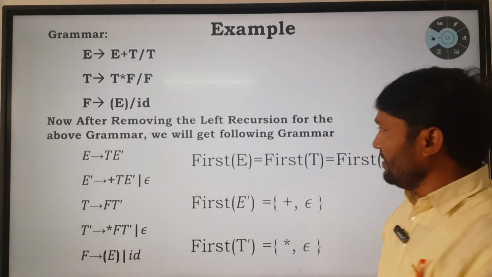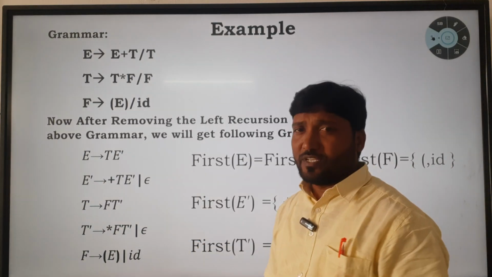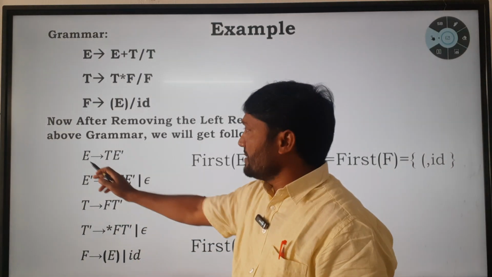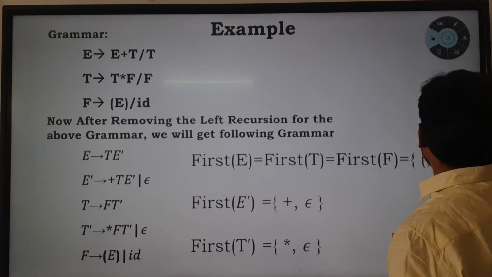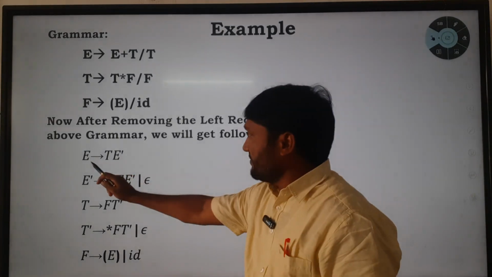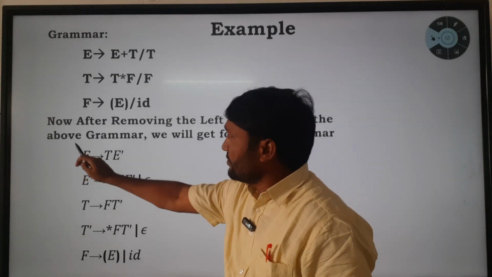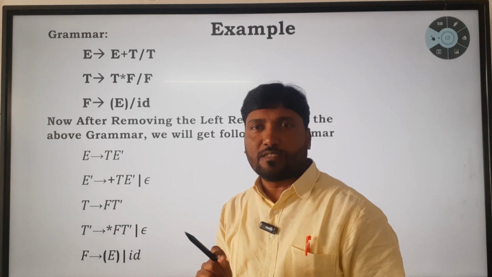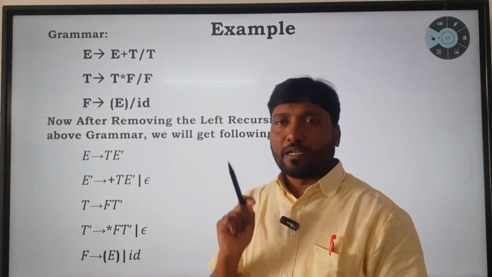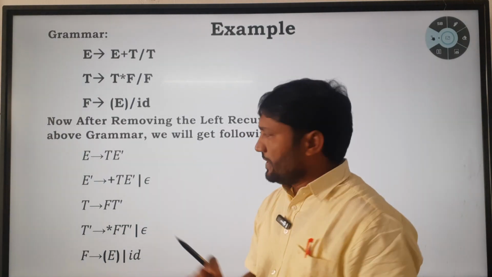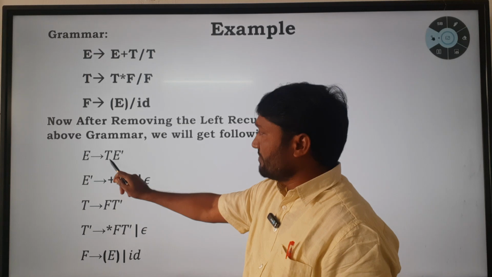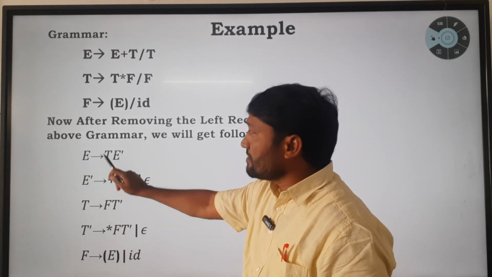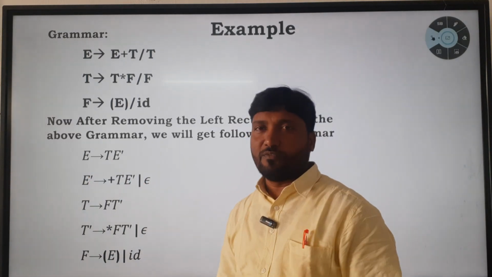It is the set of terminal symbols appearing on the right hand side in the first place. That means on the right hand side, if there is a terminal symbol, those symbols can be considered as the first of E.